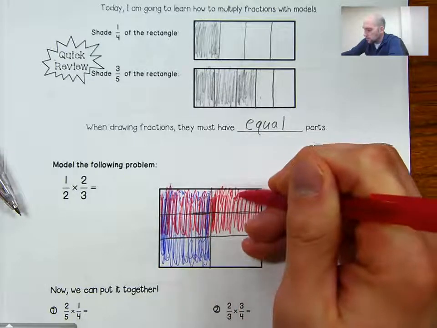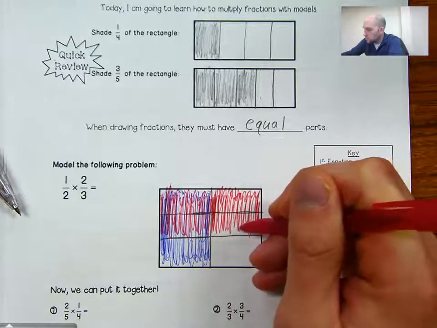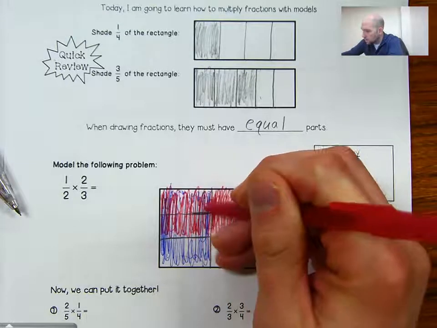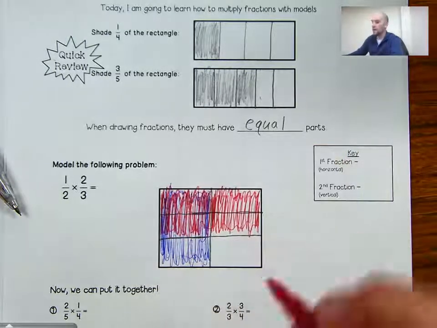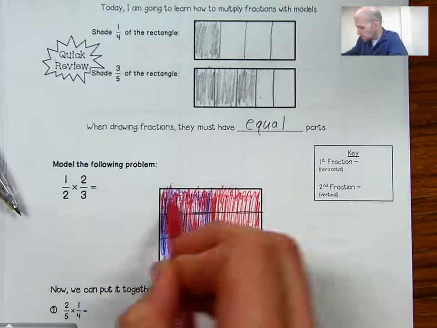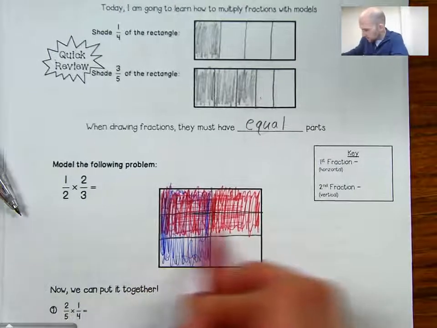And my solution is going to be where these 2 colors intersect. So it'll be the total number of parts I have when I cut into halves and then into thirds. Maybe if I go this way, it'll be a little easier to see.